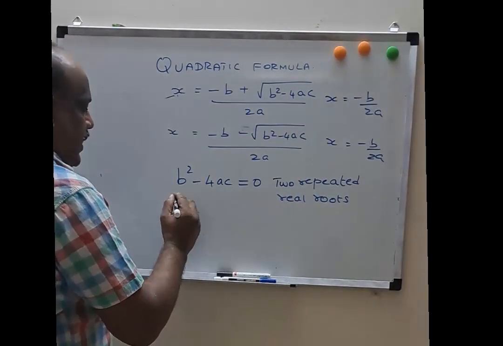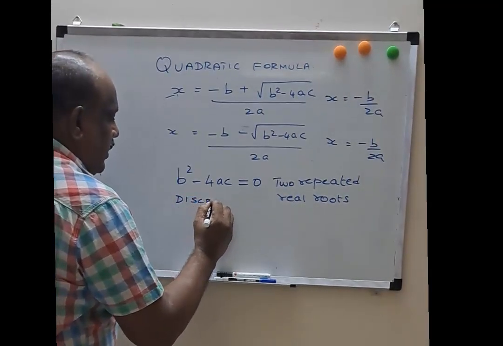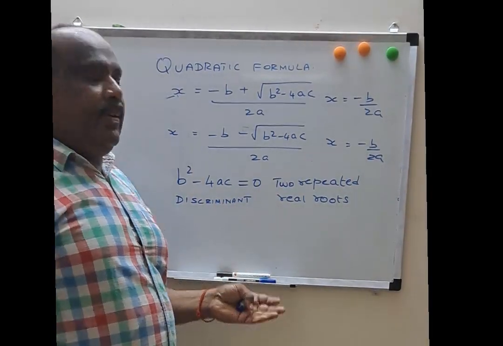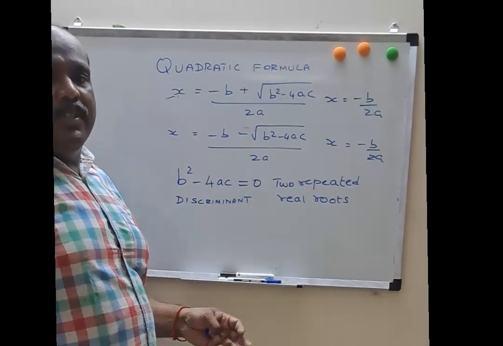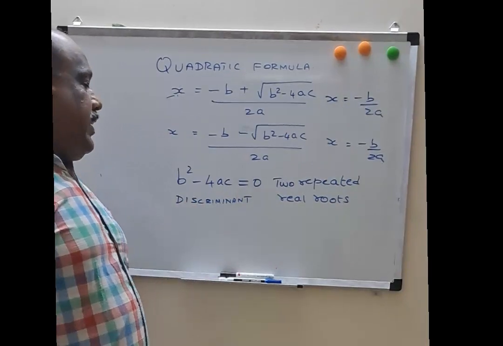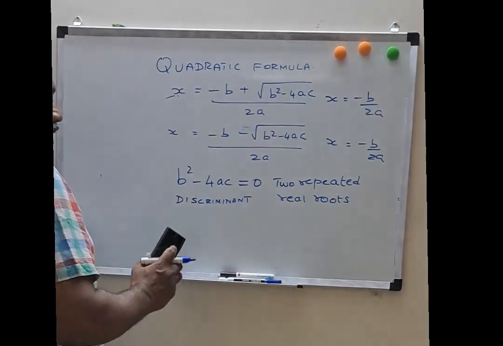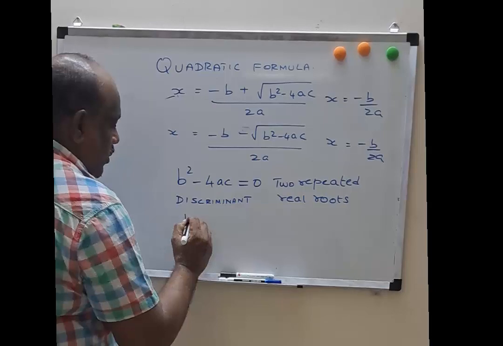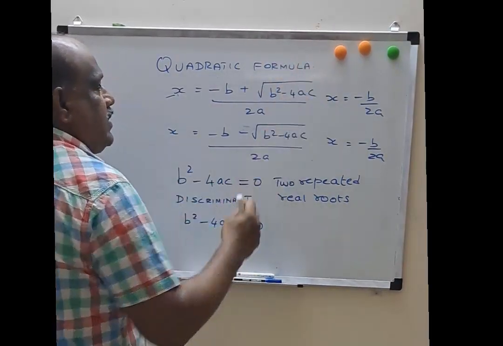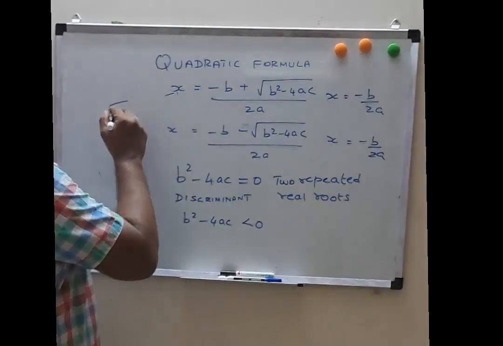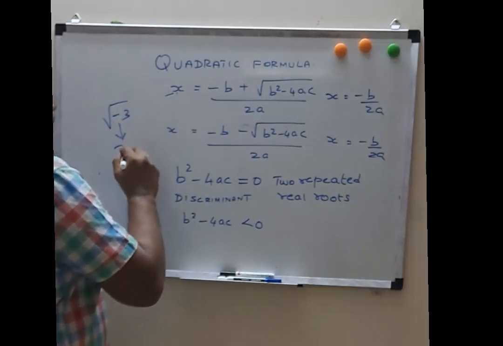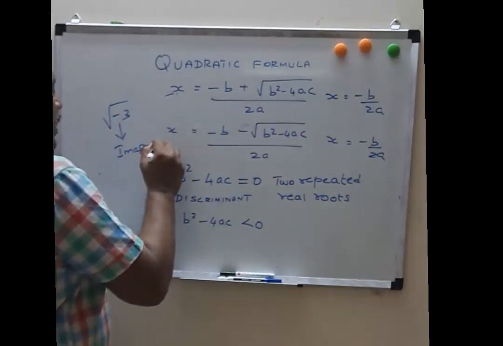This b squared minus 4ac is called the discriminant, which is used to discriminate whether we will have real roots or imaginary roots, that is, to distinguish or classify what type of roots we have. That's why it's called the discriminant. Then, when b squared minus 4ac is less than 0, the square root is of a negative number, for example minus 3, which is an imaginary number.